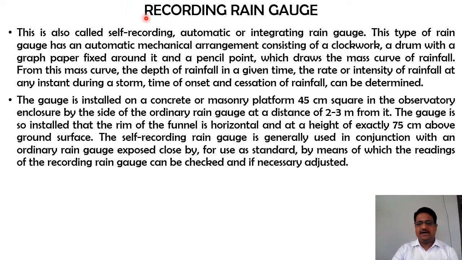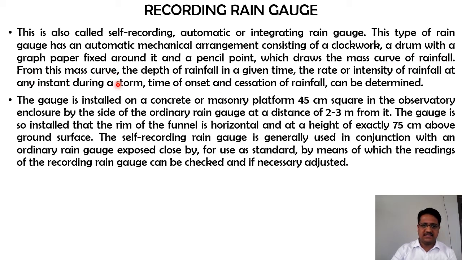Now the second type of rain gauge stations we have is recording rain gauge stations. This is also called self-recording, automatic or integrating rain gauges. This type of rain gauge has an automatic mechanical arrangement consisting of a clockwork, a drum with a graph paper fixed around it and a pencil point which draws the mass curve of rainfall.